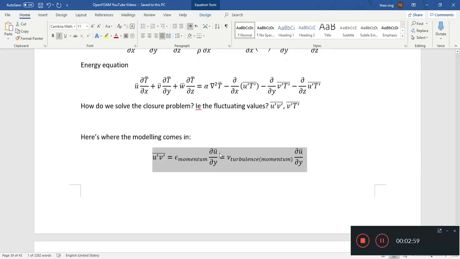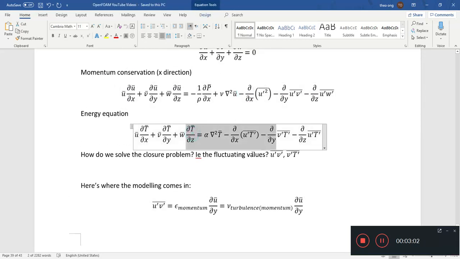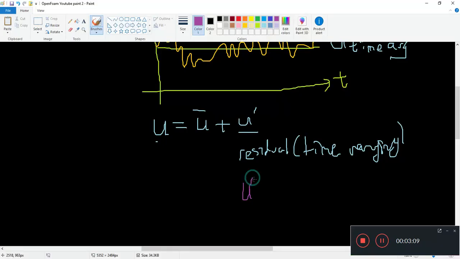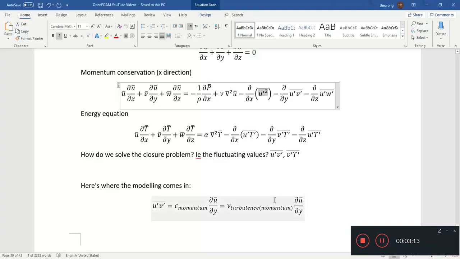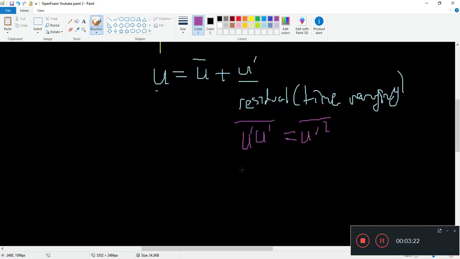When you substitute all this into the Navier-Stokes equation, just ignore the energy equation for now, you should be able to see all of these values popping up. For example, u prime, you have some average value of that, equals u prime squared averaged, and then you also have this u prime v prime, and so on.